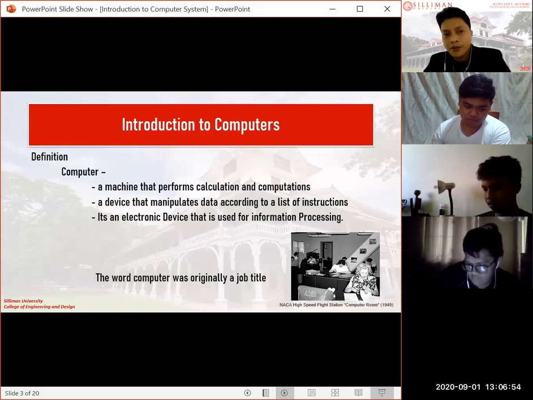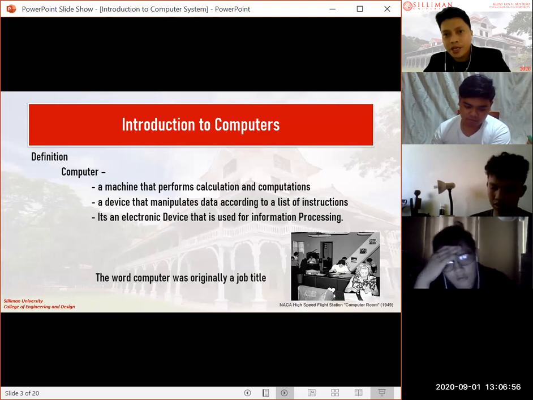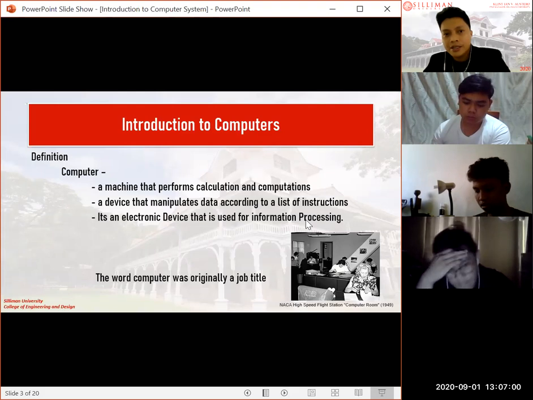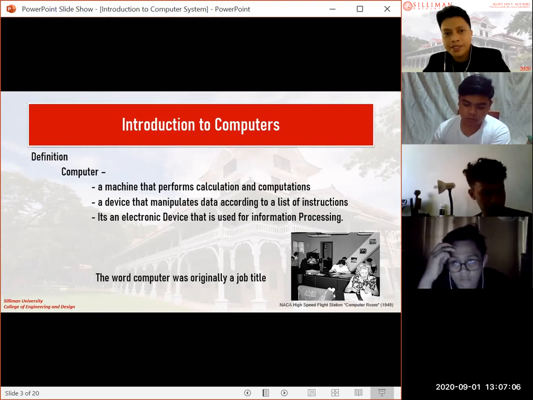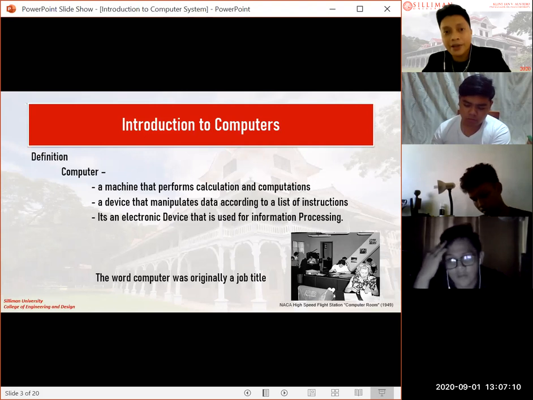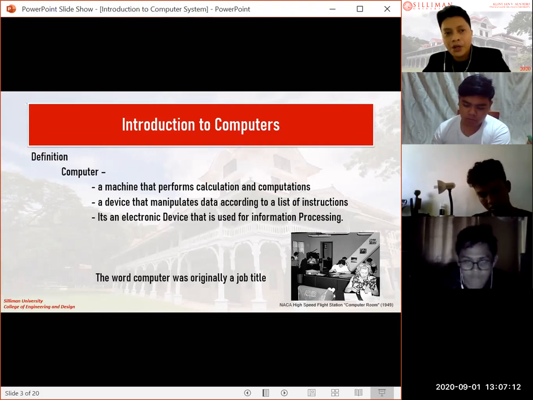Now, this definition has been changed because computers can do more than calculations and computations. Basically, this is the classic definition of a calculator. So a computer is redefined as a device that manipulates data according to a list of instructions.